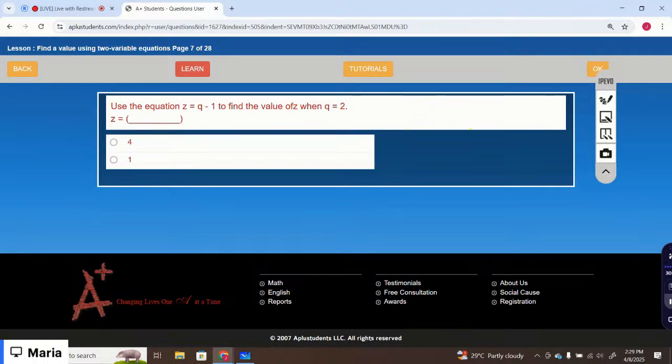Use the equation z equals q minus 1 to find the value of z when q equals 2. So, which is the correct option? Option number 2 is the correct option.